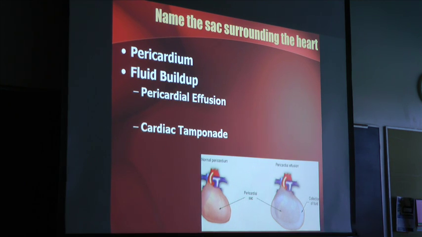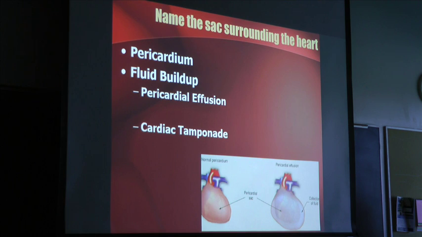And it's interesting because the pericardial sac is just like the pleural space in the lungs, where there's a real thin membrane of tissue covering the heart. But then there's a second layer, and that's the pericardial layer. And in between that is some serous fluid.